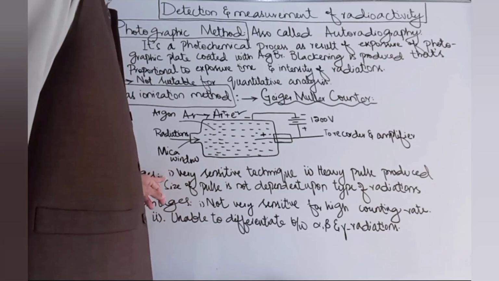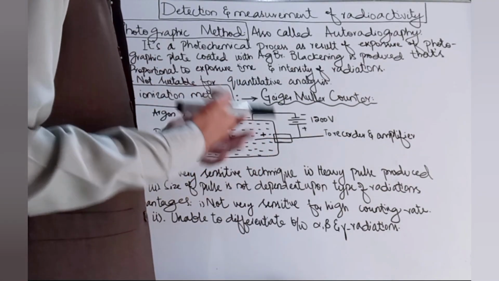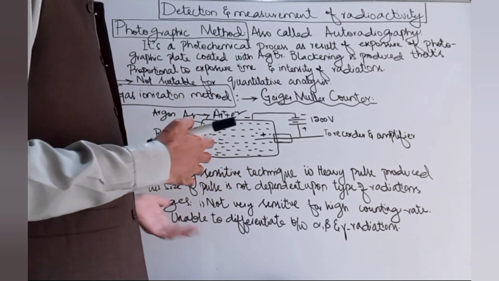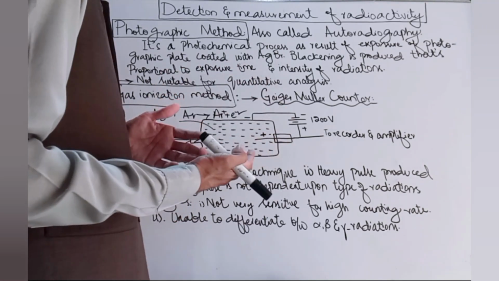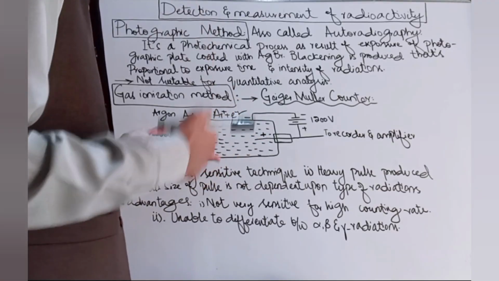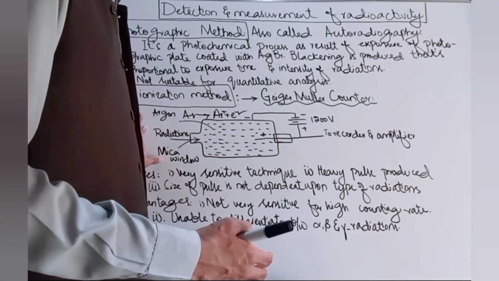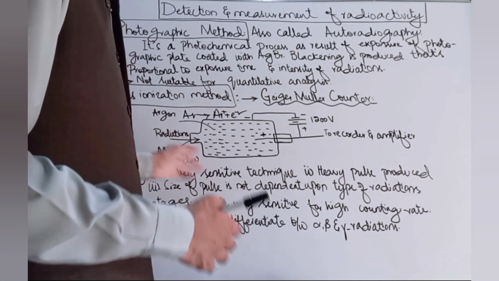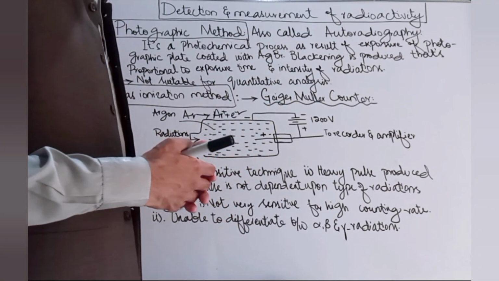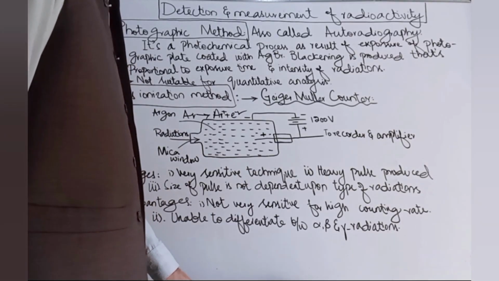As I explained earlier, the size of the pulse is independent of the type of radiation. So if the size of the pulse is not related to the type of radiation, it means we cannot differentiate between alpha, beta and gamma radiations. It can show that radiations are coming, but it cannot show which type of radiation is incoming in the chamber. So this was all about the GM counter.